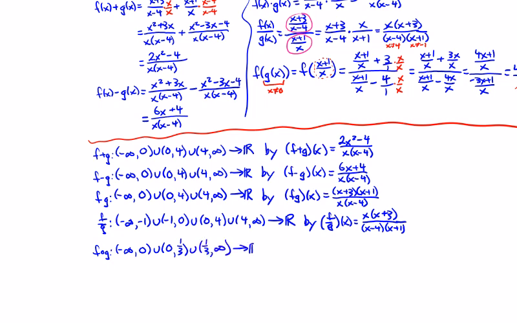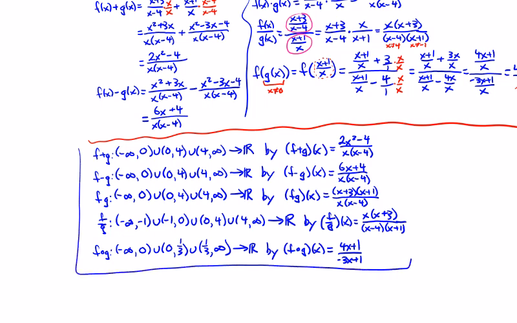This is what we'll map to real numbers, given by the equation f composed with g of x is equal to 4x plus 1 over negative 3x plus 1. And all of these together represent the function definitions for f plus g, f minus g, f times g, f divided by g, and f composed with g.